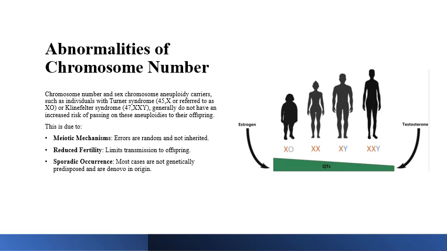The first would be meiotic mechanisms, which means that these are errors that are random and are not inherited. Also, individuals with, say, Down syndrome or Turner syndrome or Klinefelter syndrome have reduced fertility, and this limits the chance of transmitting this aneuploid cell line to future offspring. Also, the fact that these are sporadic occurrences, which means that most cases are new mutations and are not genetically predisposed.